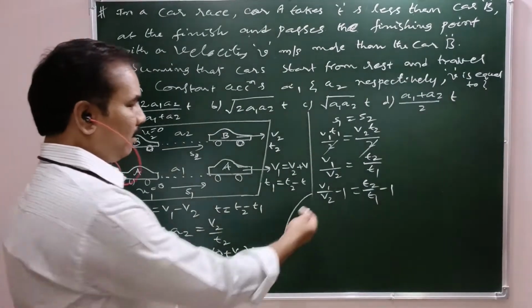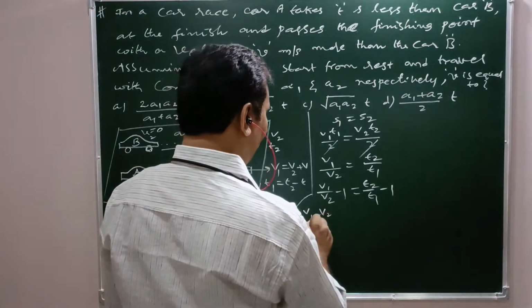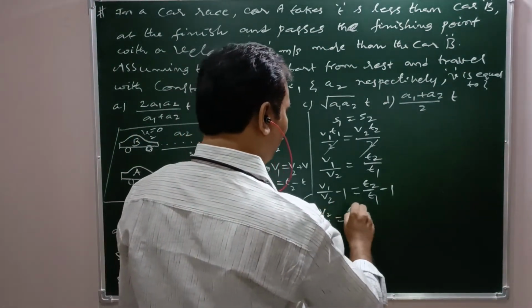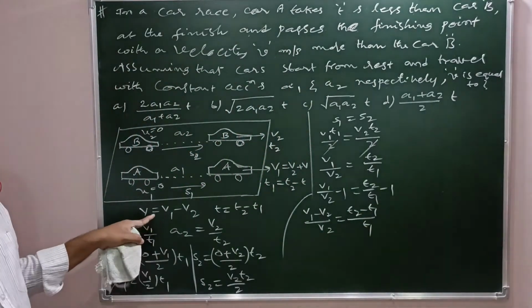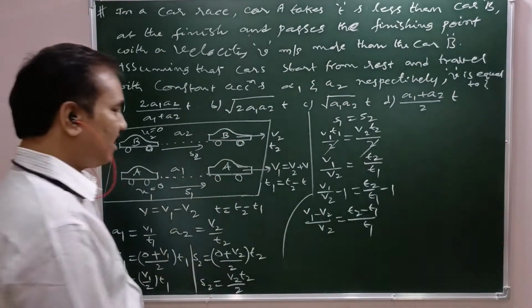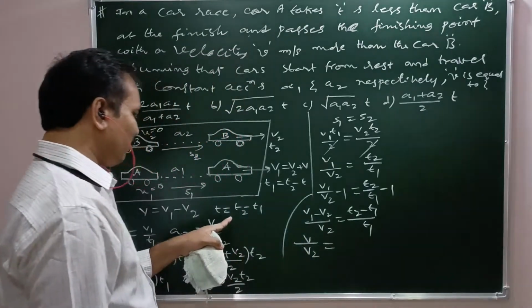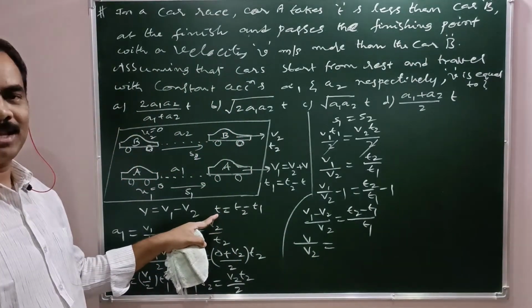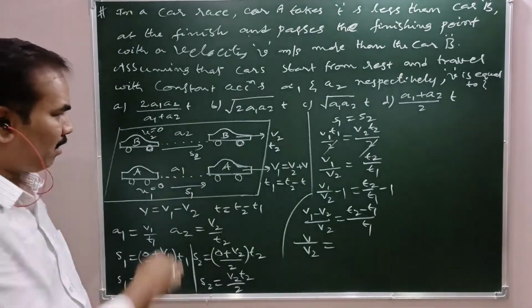Alright. Now take the LCM: v1 minus v2 by v2 equals t2 minus t1 by t1. v1 minus v2 means v, the excess velocity of car A over car B. That is v by v2 equals t2 minus t1, which means t seconds, since car A takes t seconds less than car B to reach the destination.